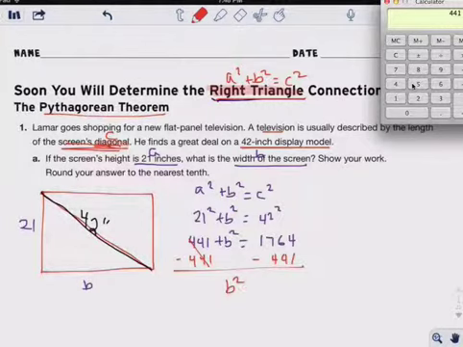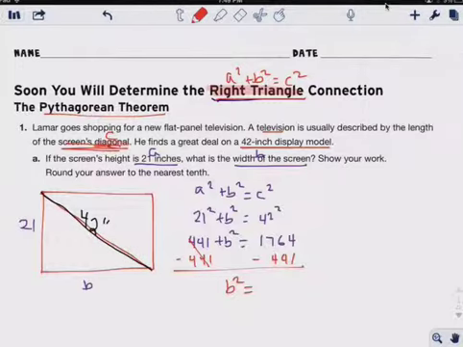B squared equals 1764 minus 441. That gets me 1323, and we need to take the square root of that.